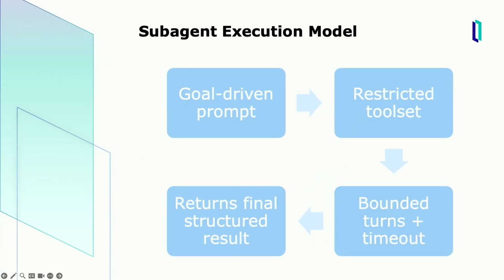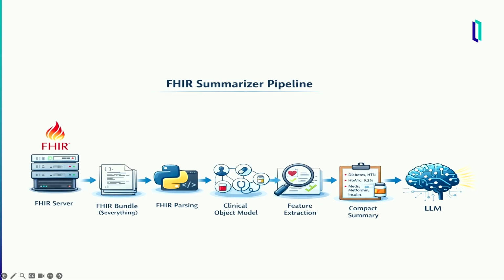Even though the summarizer is specialized, it still follows the core agent loop. It plans within a narrow scope, calls its tools, processes its results, and continues until it reaches its goal. The difference is that the workflow is constrained enough to be more predictable and easier to validate. So the summarizer has 5 stages: retrieval, parsing, feature extraction, data reduction, and LLM reasoning.